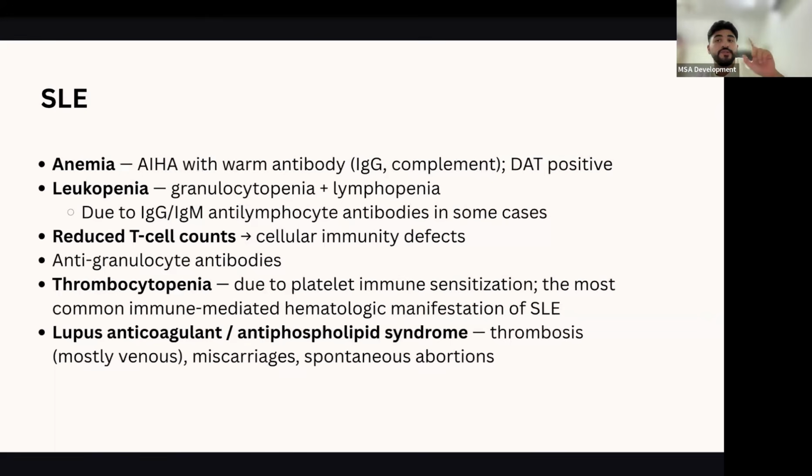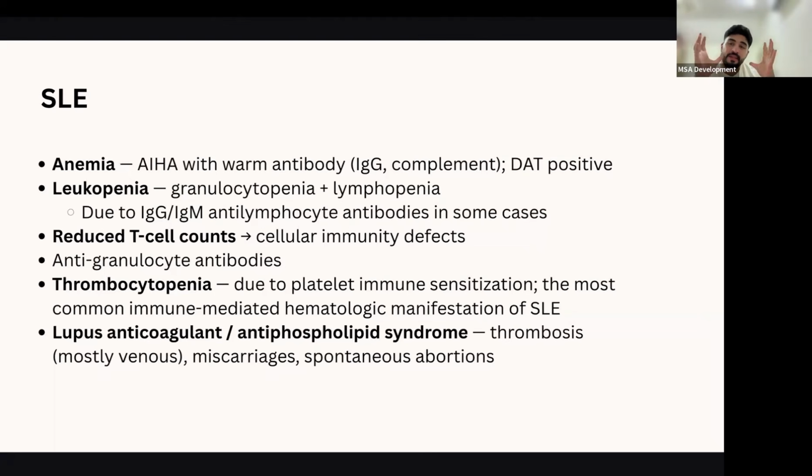So usually a question will be like a 23-year-old young female, all right, who has had 2 to 3 consecutive miscarriages, and she's basically trying to get pregnant. That's antiphospholipid syndrome. And sometimes it could be under the umbrella of SLE. Okay. So it's important to pick it up. So usually how will they ask you?